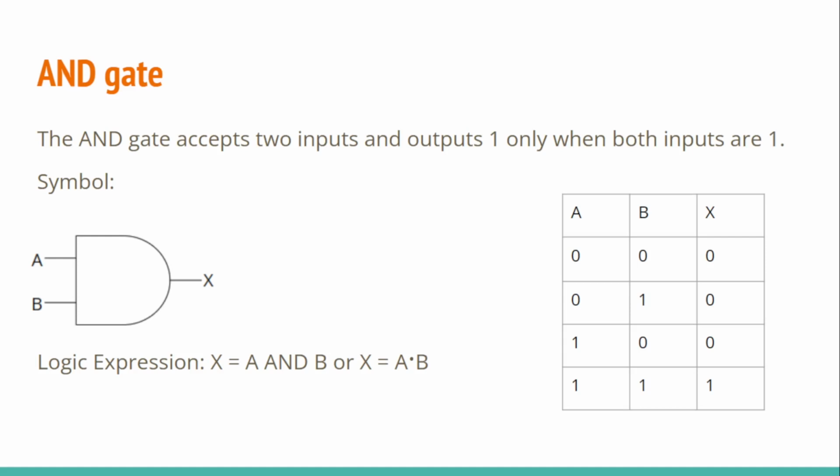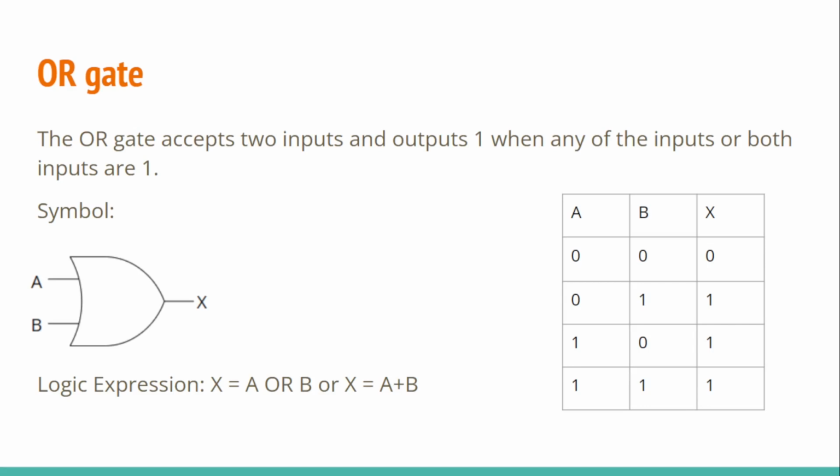The next column becomes alternates of 1 0, 1 1, 1 0, and 1 1. So in that case, it's more like saying B column has 0 1 0 1 and A column has 0 0 1 1. The output is 1 only when both inputs are 1.